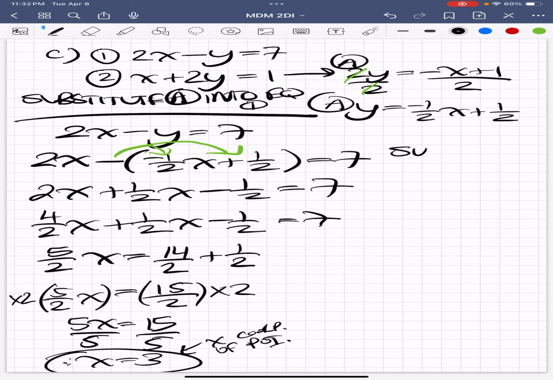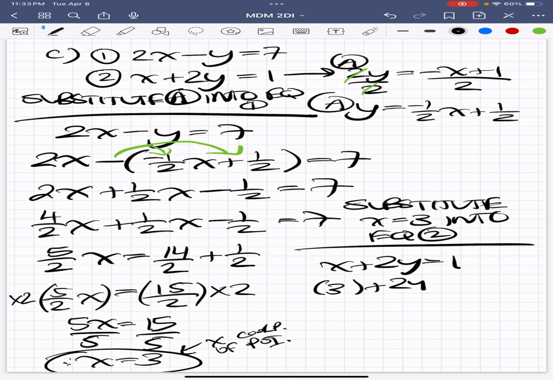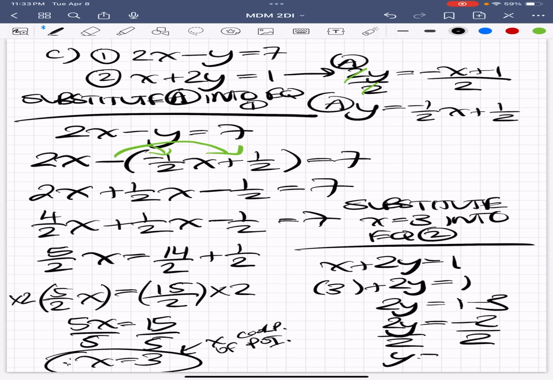And then we're going to substitute x equals 3 into equation 2. So we have x plus 2y equals 1. 3 plus 2y equals 1. 2y equals 1 minus 3, 2y equals negative 2, over 2, over 2. y equals negative 1.